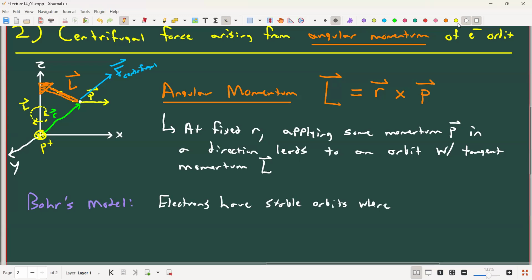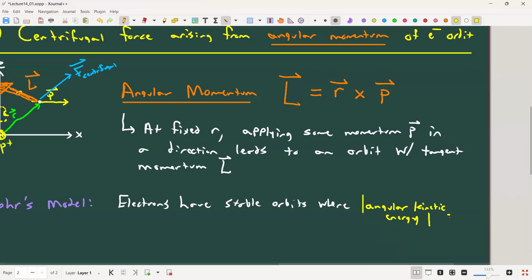where the magnitude of the angular kinetic energy, which is of course all kinetic, is equal to the value of the electrostatic potential energy.